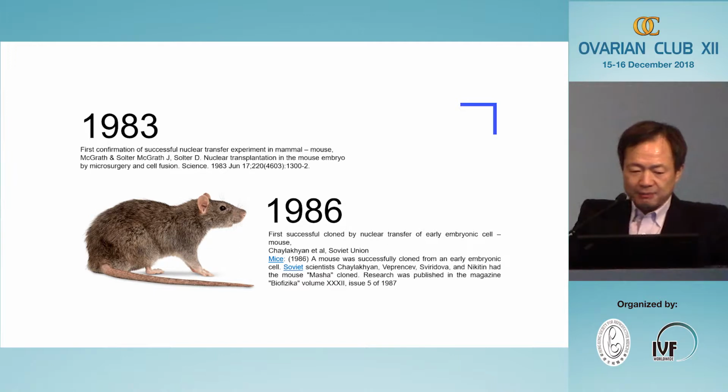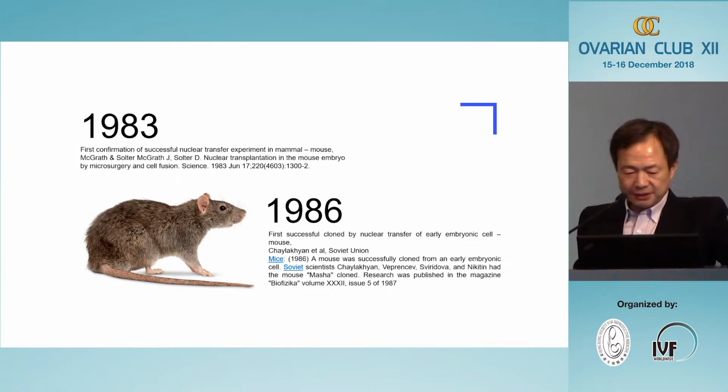But by that time, successful cloning was done in several species, including the first mammalian species, the mouse.